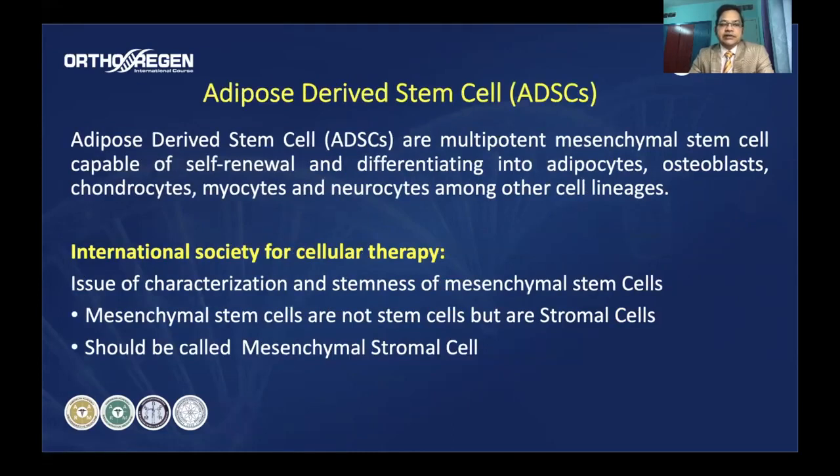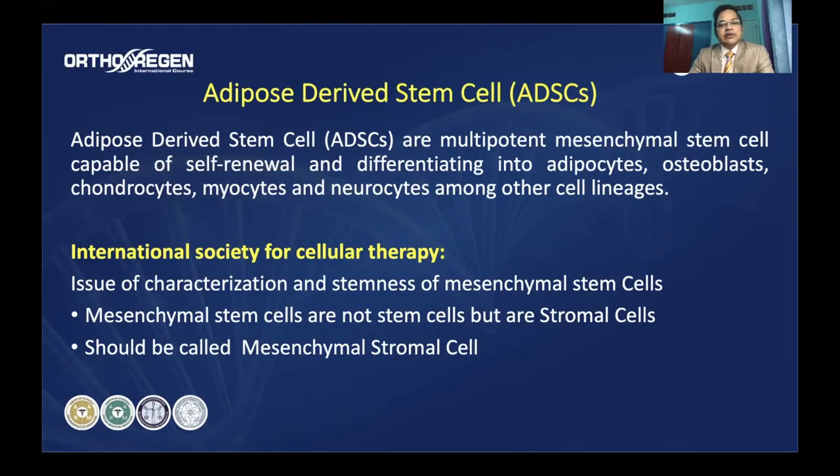Now, adipose derived stem cells are multipotent mesenchymal stem cells, which are capable of dividing themselves and differentiating into other cells like fat cells, adipocytes, osteoblasts, or chondrocytes. The International Society for Cellular Therapy has a little bit different opinion.